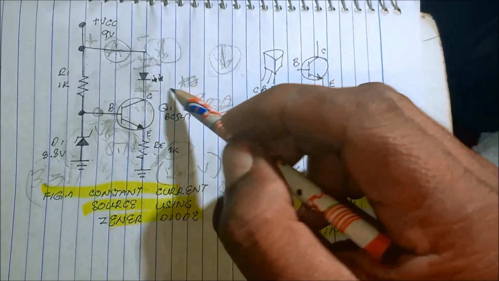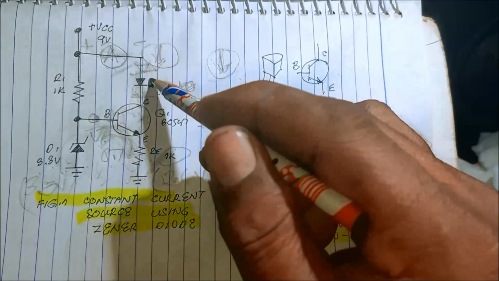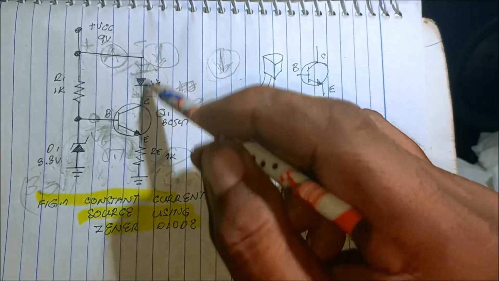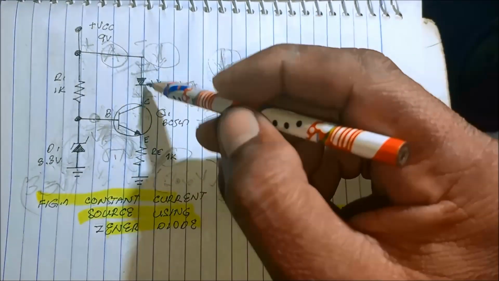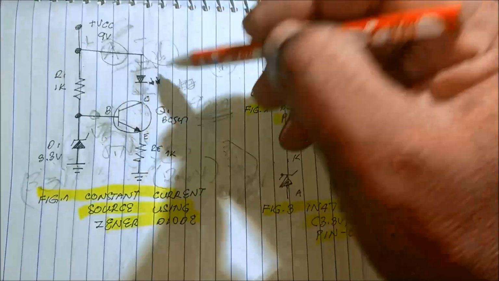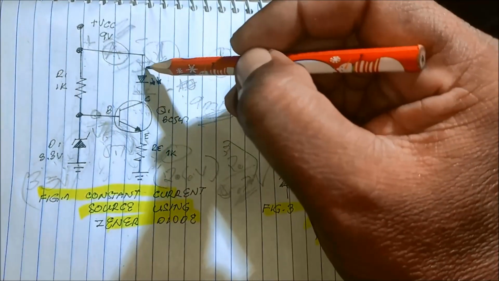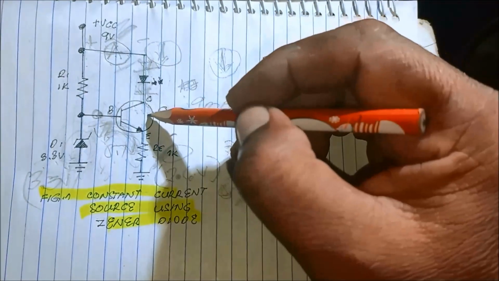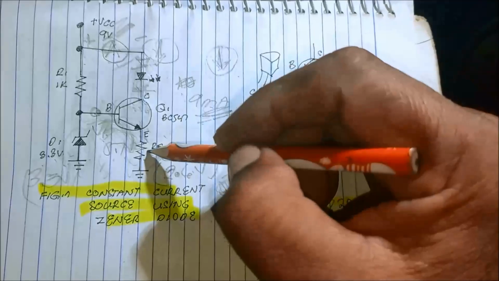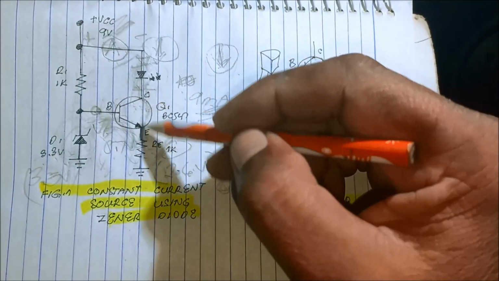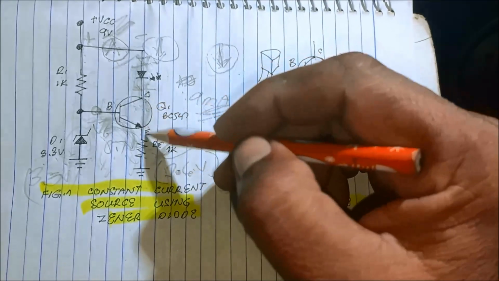You can make the LED turn on as long as there is enough voltage to turn on this LED, because each LED has 2 volts, 2 volts, 2 volts, 3 LEDs, 6 volts, plus the voltage at the emitter is 8, and the remaining voltage is dissipated across collector to emitter.